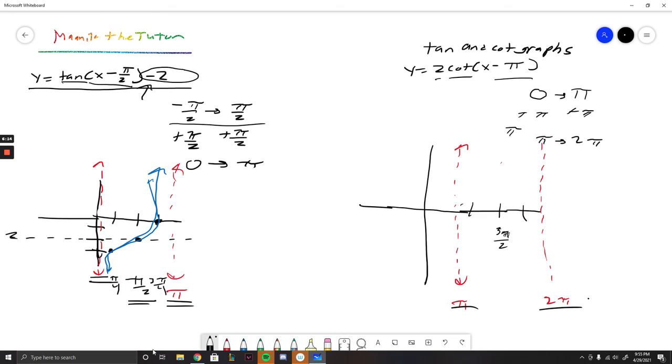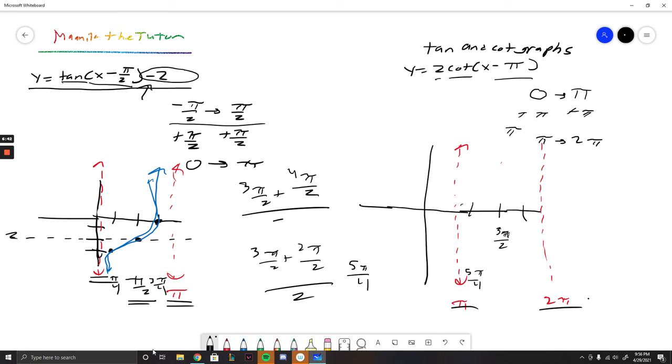And then we're going to average pi and 3 pi over 2, so it's going to be 3 pi over 2 plus 2 pi over 2, over 2, don't forget that, which is going to be 5 pi over 4. And then we're going to average 3 pi over 2 and 2 pi. So it's going to be 3 pi over 2 plus 4 pi over 2, divided by 2. So it's going to be 7 pi over 4.